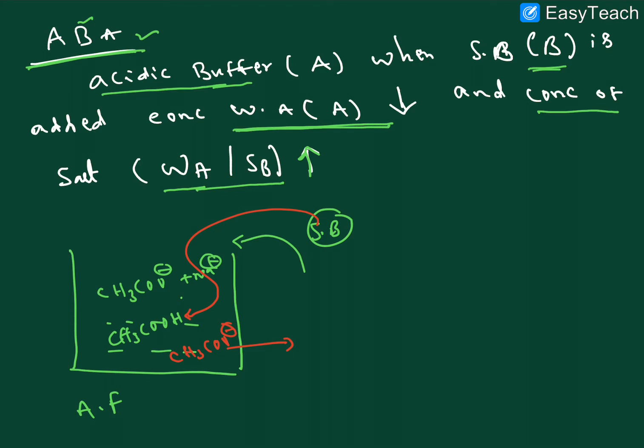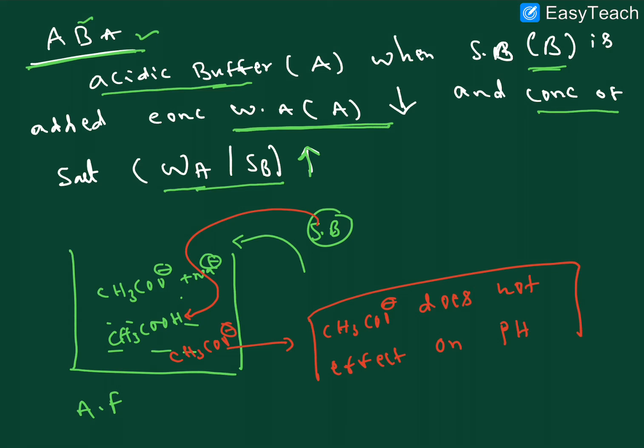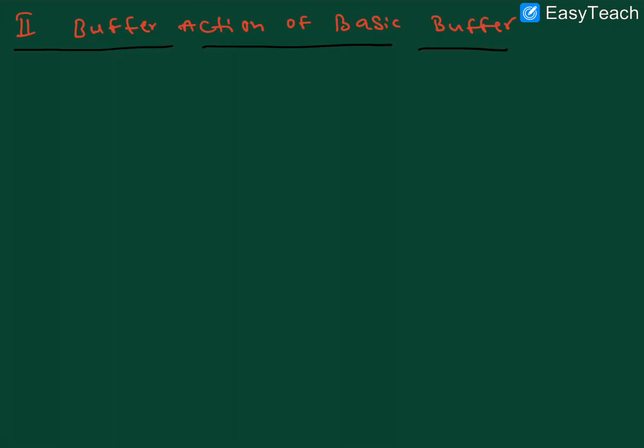These acetate ions won't affect the pH, so that's why the pH remains constant. I hope it is very clear, right? A very clear point: the acetate ion does not affect the pH. I hope it is clear.